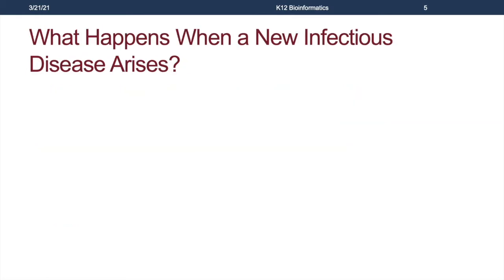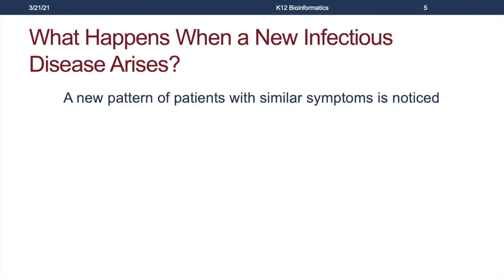So what happens when a new infectious disease arises? We usually can't tell there is a new disease if only one person gets it. We start to notice it when there is a pattern of patients with similar symptoms in one geographic area. Or, now that there is world travel, of people who have been in contact with one another. Several things happen once we notice such a pattern.